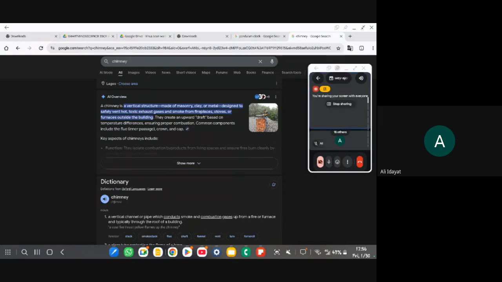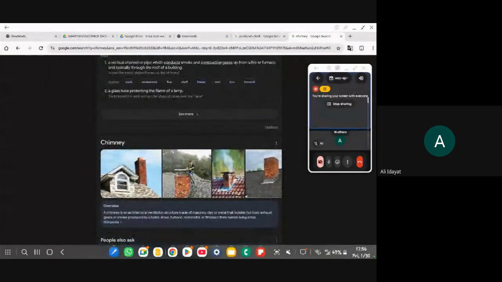Chimney. Before, they used to build houses like this so that they have a place for a fireplace, because it's always very cold in winter. But we don't need it here.